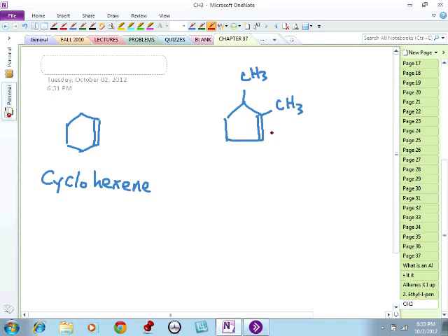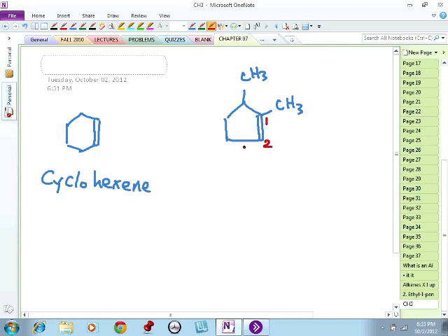Okay, so where's the position number 1? No. In this case, if you have an alkyl group on the carbon-carbon double bond, that carbon that has the alkyl group takes position number 1. In this case, this is position number 1 and position number 2.